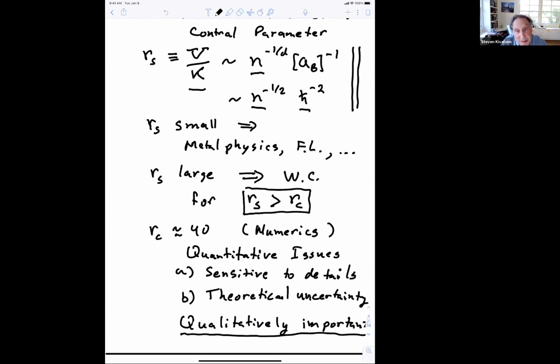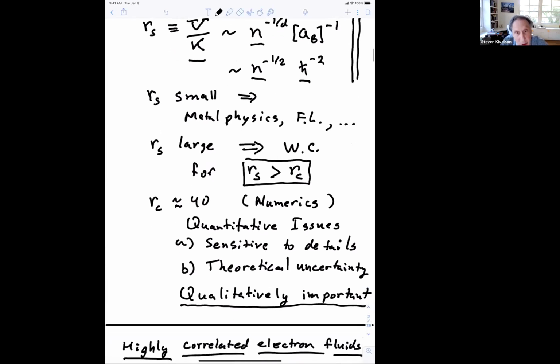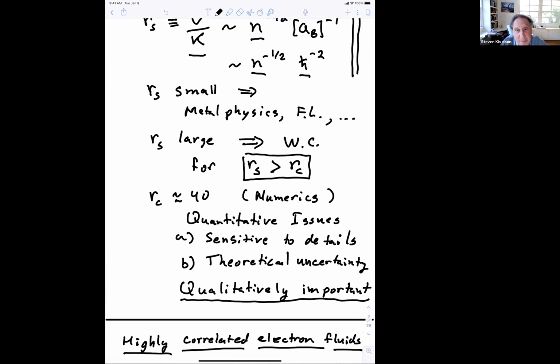There's Fermi liquids, there's whatever other physics we're familiar with. At large enough r_s, we have the Wigner crystal, and there's a critical value of r_s called r_c. Above that, we have a Wigner crystal, and below that, we have other phases.